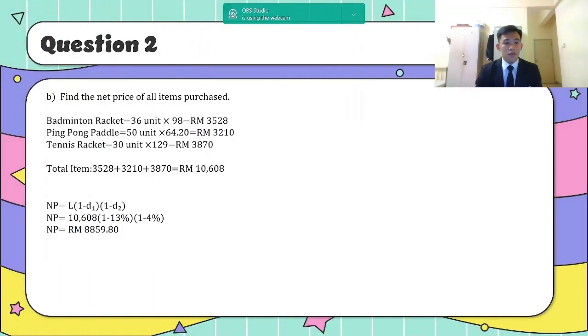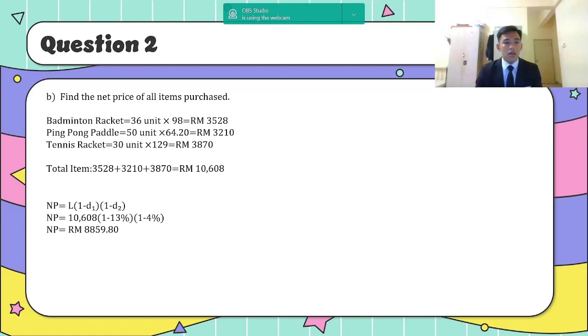B. Find the net price of all items purchased. Badminton racket is equal to 36 units multiplied by RM98 is equal to RM3,528. Ping pong paddle is equal to 50 units multiplied by RM64.20 is equal to RM3,210.